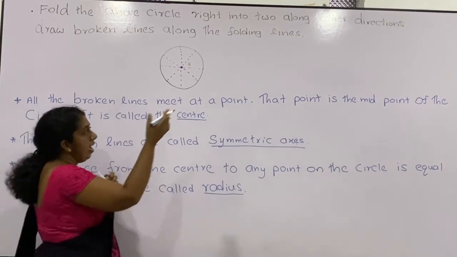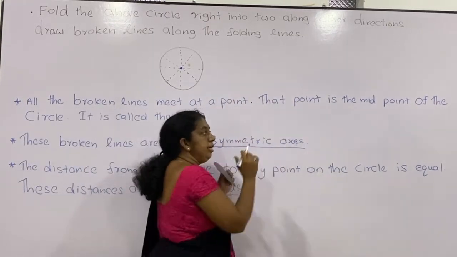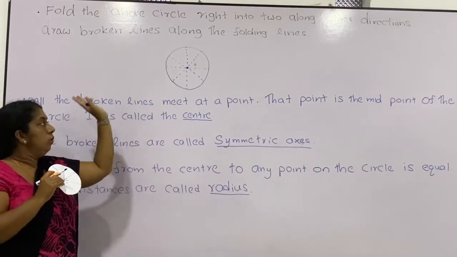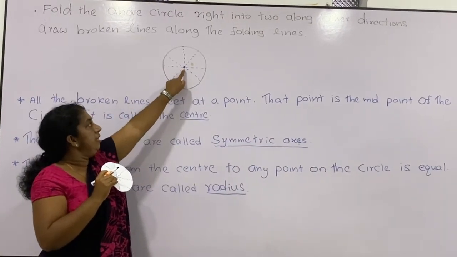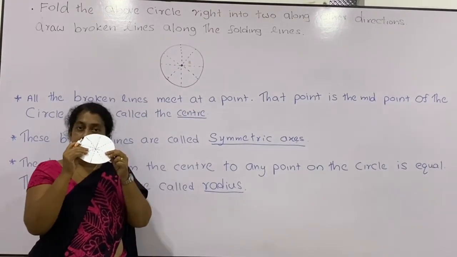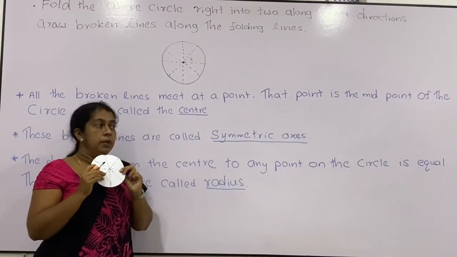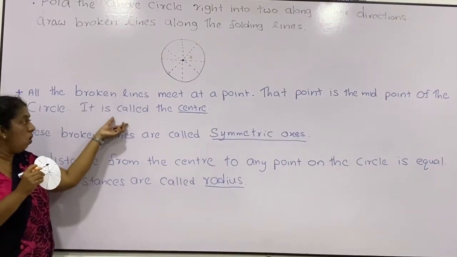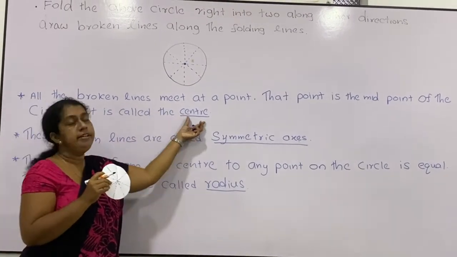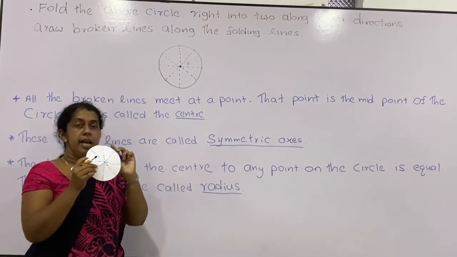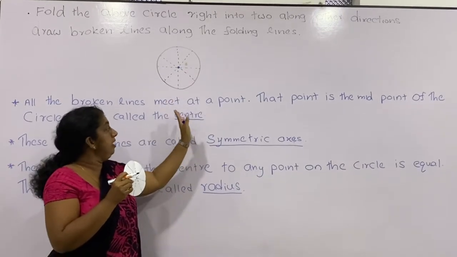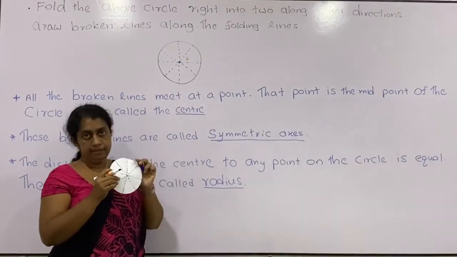So then we can say that point is the midpoint of the circle. There is a special name for that midpoint. It is called the center.